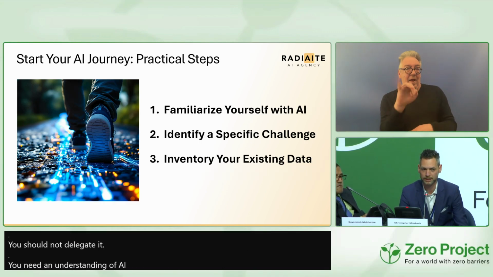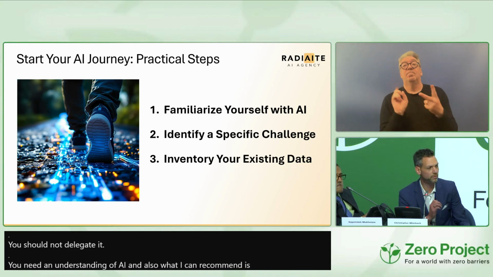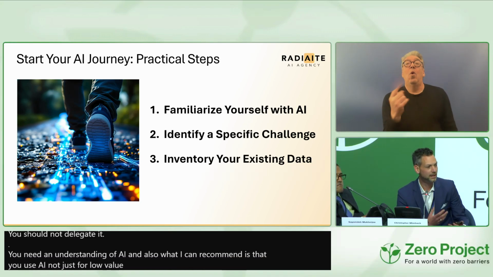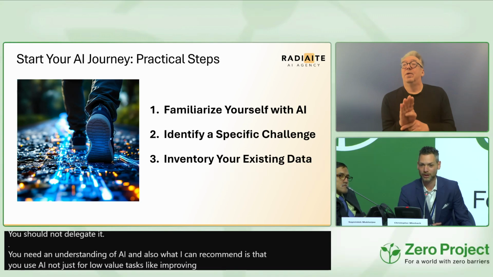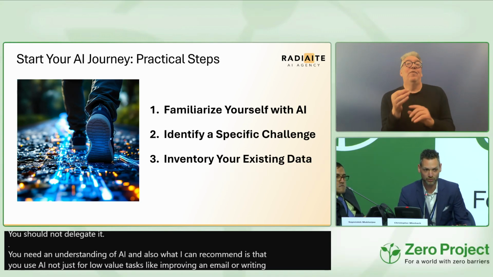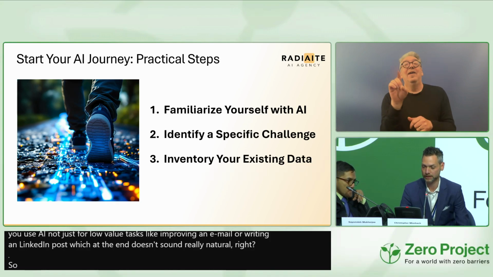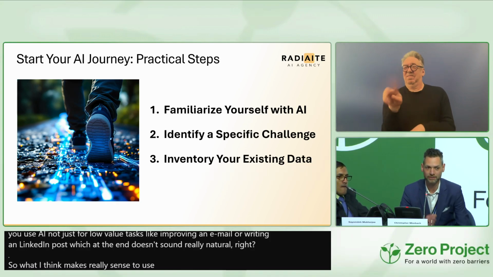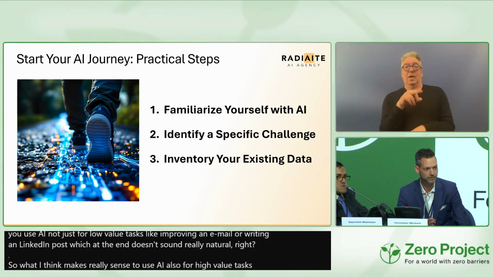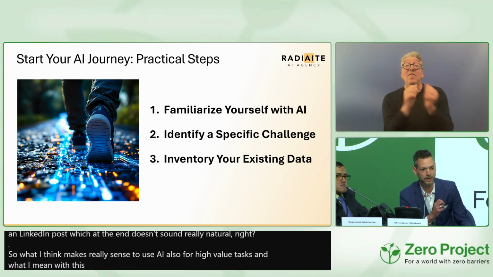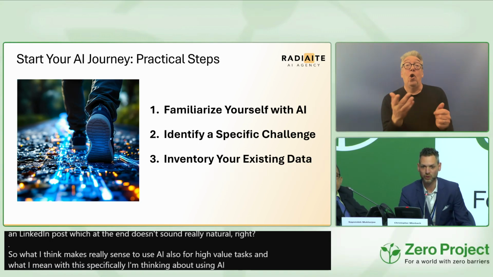Also what I can recommend is that you use AI not just for low-value tasks like improving an email or writing a LinkedIn post, which at the end doesn't sound really natural, right? I think it makes really sense to use AI also for high-value tasks. Specifically, I'm thinking about using AI as your personal thought partner.